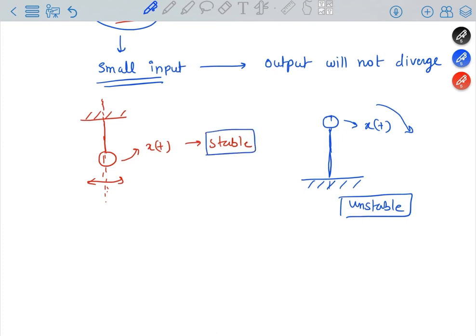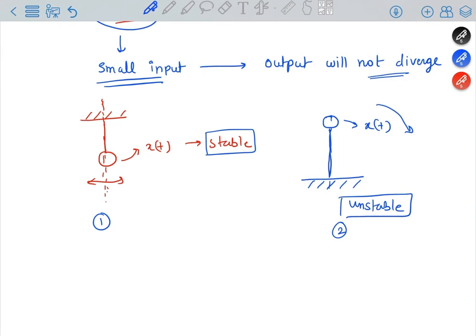As you can see, our first system was stable, but the second system was unstable. So the basic definition is that for a small input, the output will not diverge.